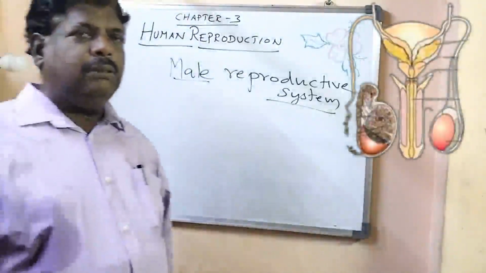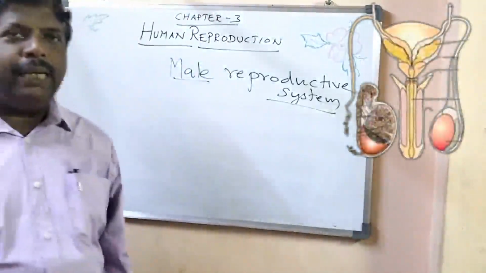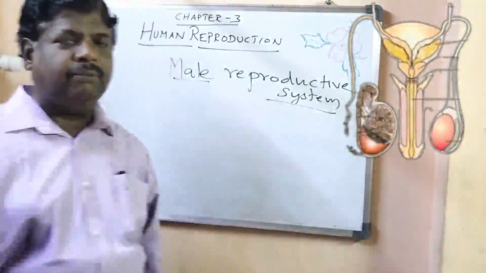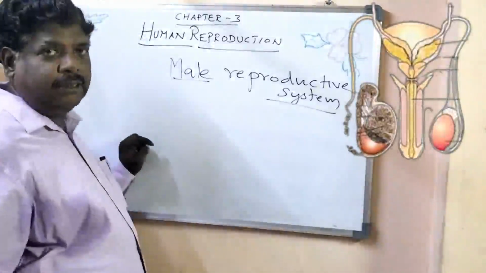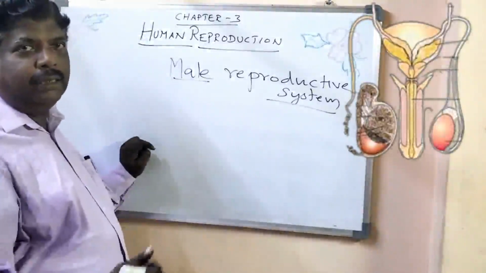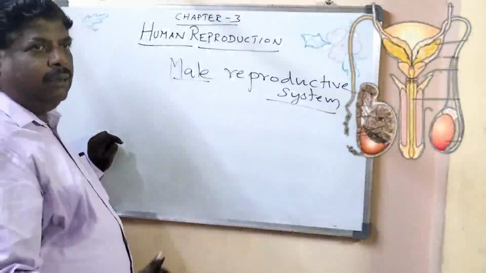Then coming to the accessory ducts present in the testis. Okay, so we have the following ducts, and here is a flow chart, and that is how we will proceed.